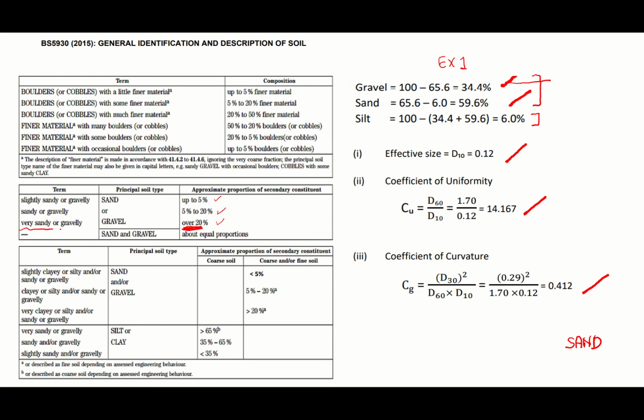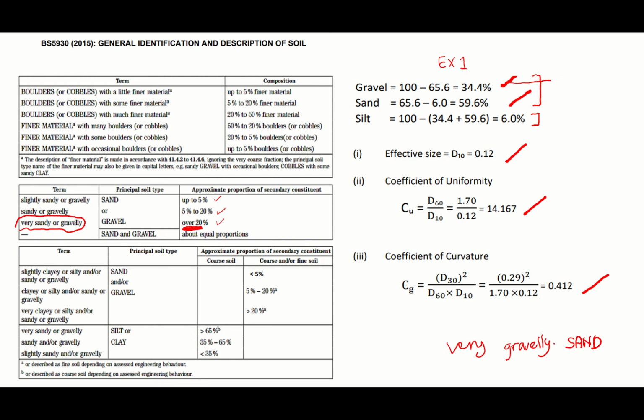So you will use this term, either very sandy or gravelly. But because we already know the principal type is sand, the secondary constituent is gravel rather than sand. So we put the name there using very gravelly sand.